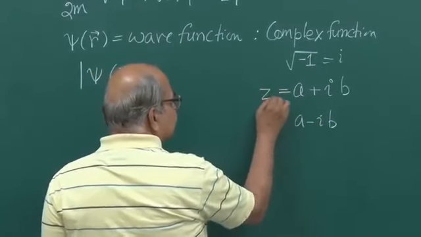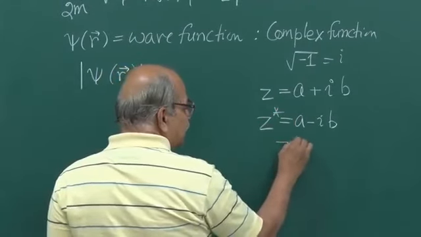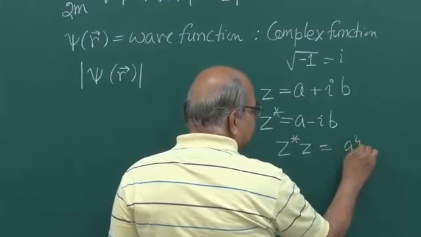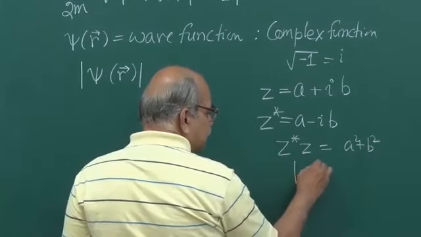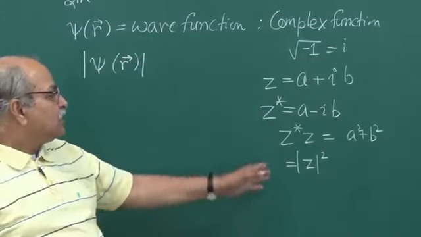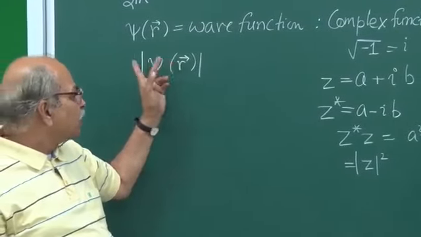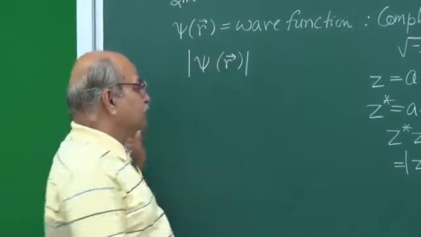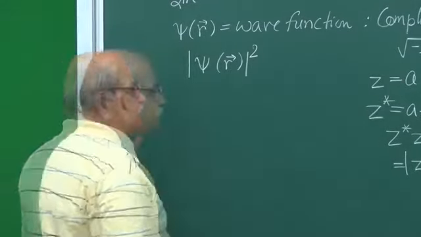So if this thing is Z, this thing is written as Z star, and if you multiply Z star into Z, that will be A square plus B square, and this is known as mod Z square. So it is essentially the same thing. If you have this psi, it could be complex, take the complex conjugate, multiply by it, and this whole thing is mod square of psi(r).